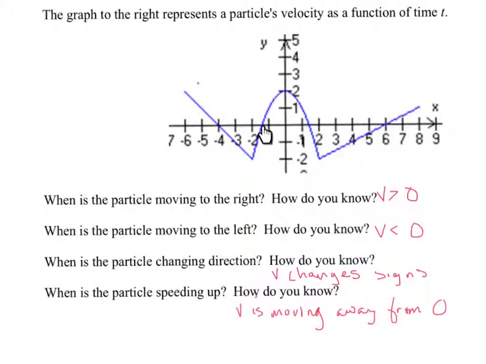Then it's slowing down as the velocity approaches 0. Then it's speeding up, slowing down, speeding up, slowing down, and speeding up. So the intervals where it's speeding up are -4 to -2, from -1.5 to 0, from 1.5 to 2, and from 6 to 8. Those are the spots it's speeding up.